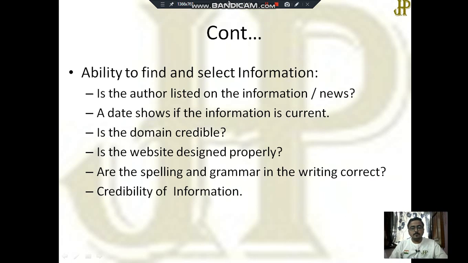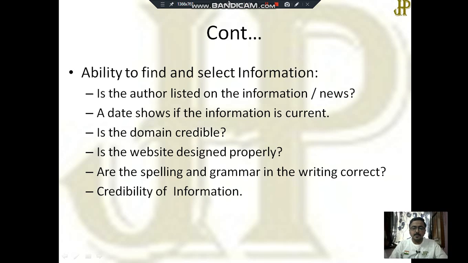So, as a digital literacy, the ability to find and select information can be done by the following points. First one is whether the information is given by the proper author. The author information is given there. Whether the information is used for the current scenario. Date is mentioned or not.